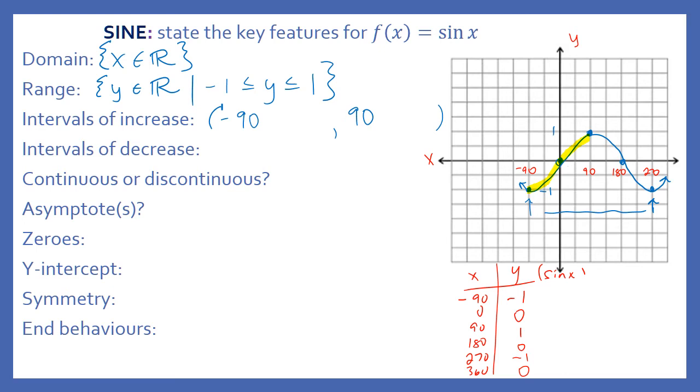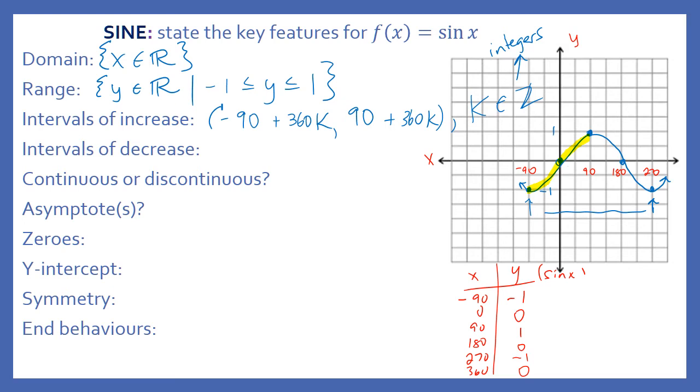So how do you take care of that? Well, you do negative 90 plus 360k, and same thing here, plus 360k. And then you have to do this thing, where k is an element of Z. The Z just is the set of integers.